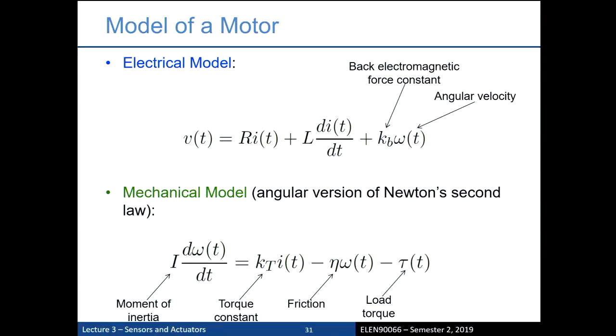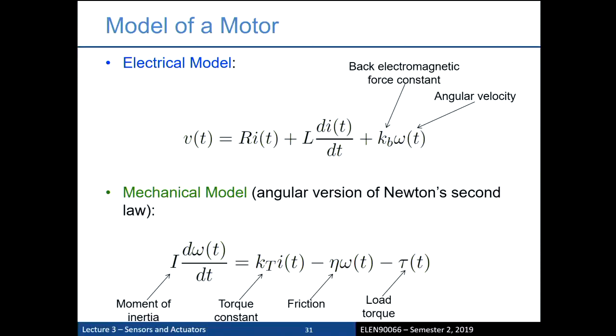So instead of F equals ma, we have torque equals I dω/dt, where ω is the angular velocity, not the linear or translational velocity. And it's proportional to current, like F equals ma. Currents are what drive motors, and they're related by this torque constant.